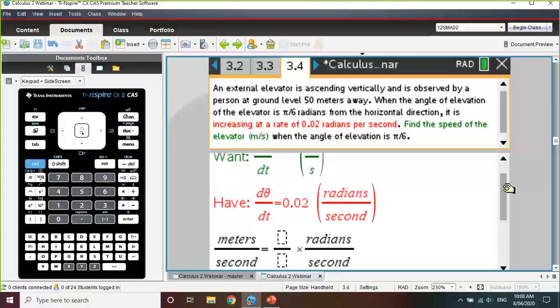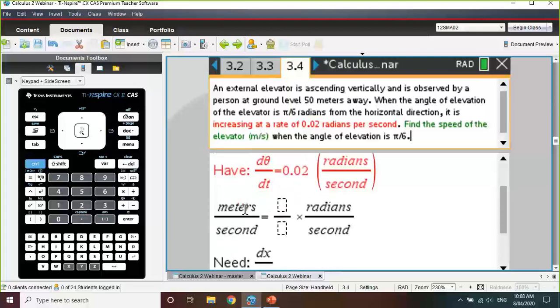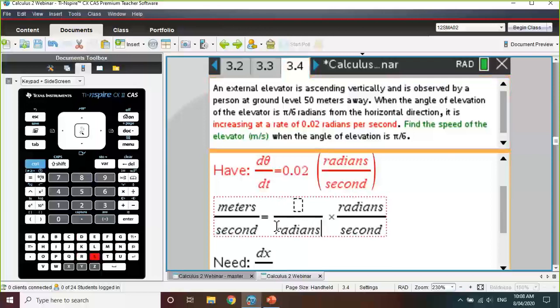So if we think about balancing units, we've got radians per second, and we want meters per second. What do we need in order to cancel out these radians down the bottom and introduce meters at the top? We need radians at the bottom and meters at the top.